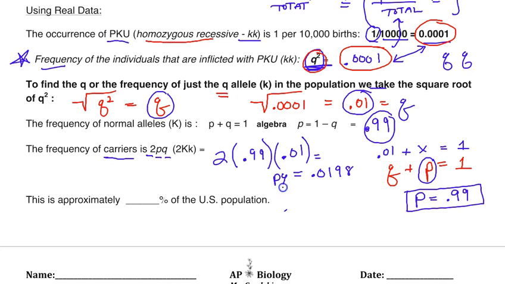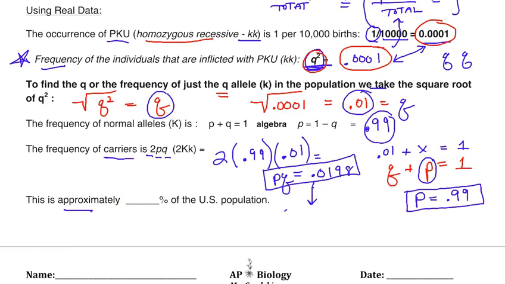2pq, or the heterozygous individuals. This is the individuals. And this is approximately what percent of the population? What percentage of the population is heterozygous?